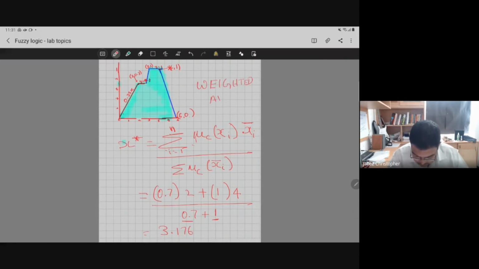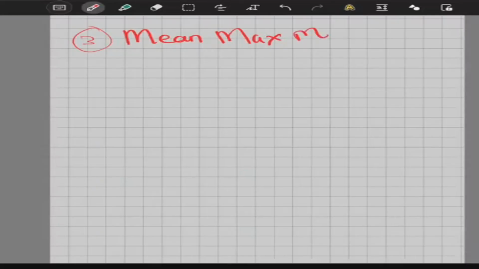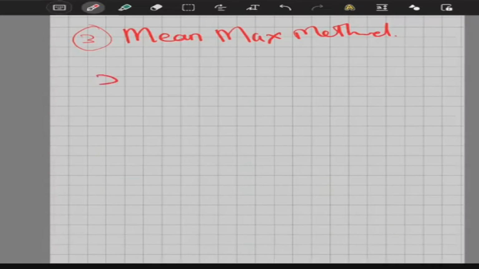So the next method is the mean max method. Here we are going to take the mean of the maximum class, right? So what is the maximum class here? The second one, right? That has the maximum membership value. Mean of the maximum class is taken to be the crisp value. So what is the mean? X star is going to be (a plus b) by 2, where a and b are these two values.